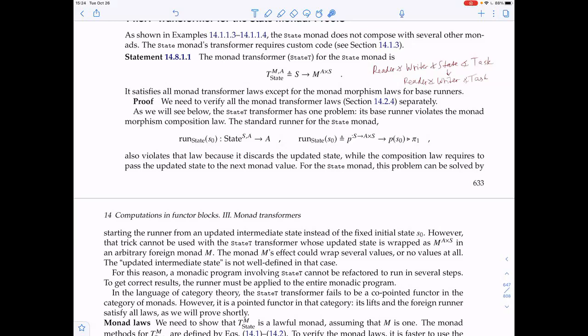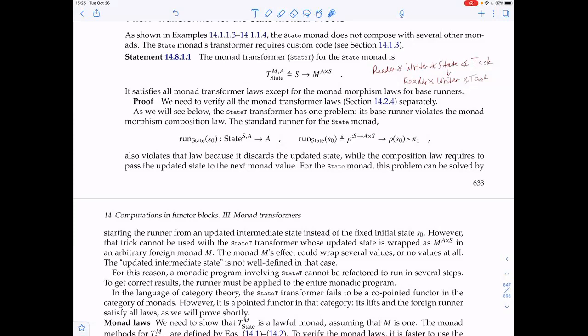So you can use the base runner, it exists, but it does not satisfy the monad morphism composition law, which means that if you have two different pieces of your program that you compose, you run the first one, you run the second one, you cannot compose those two results properly. You must create the entire program, the entire monad's value of this type, and run the state runner only once. Only in that case, you get the correct result.